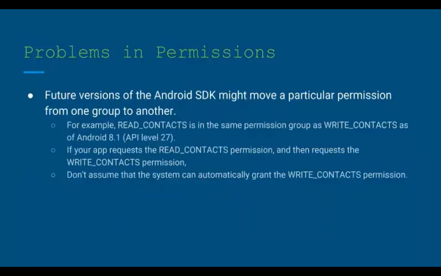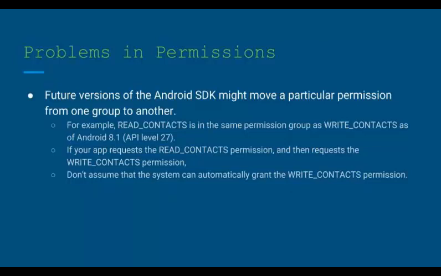Okay, another problem in permissions: a future version of Android might move particular permissions to another group. For example, read contacts is in the same group as write contacts in the current Android. So if this changes, it's better not to link it with write contacts. Basically, don't assume the system will do it automatically.